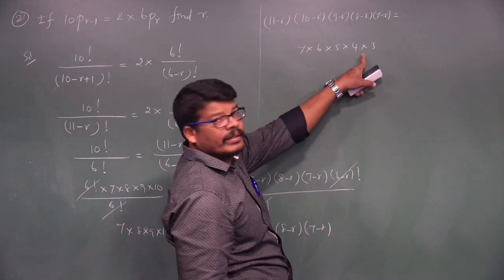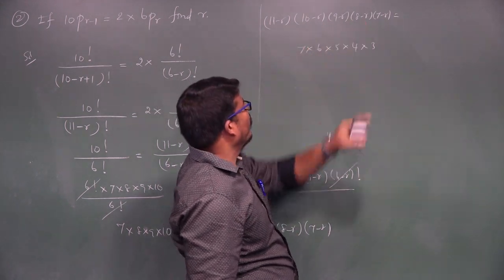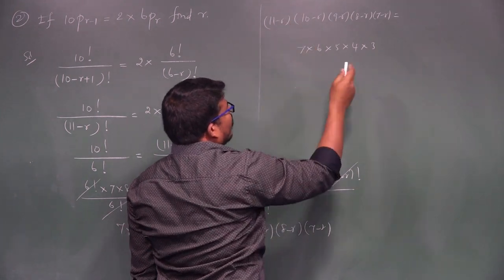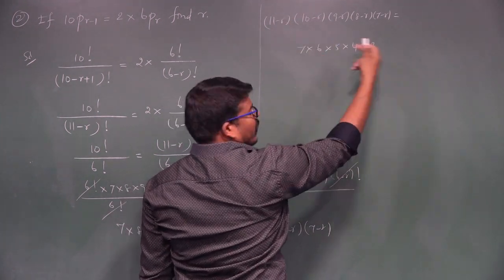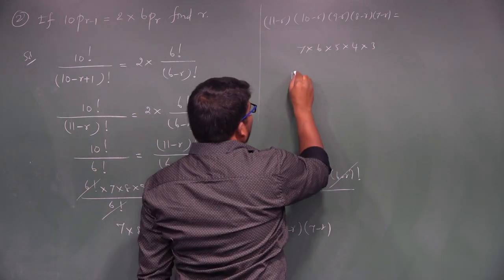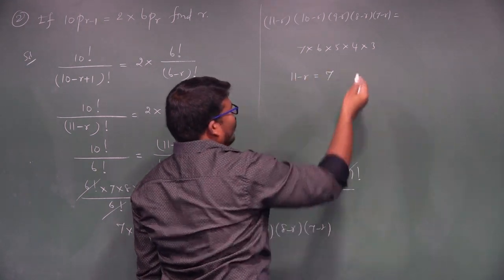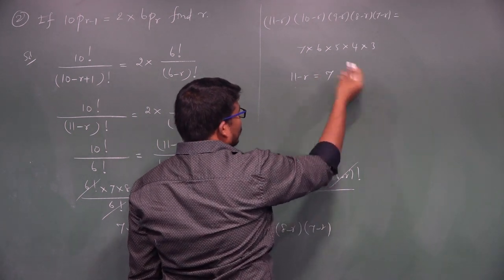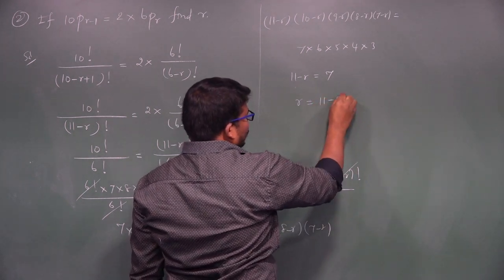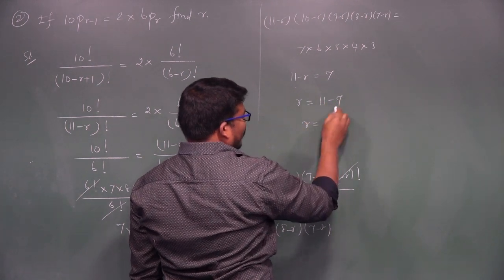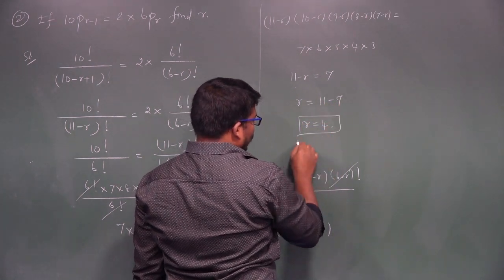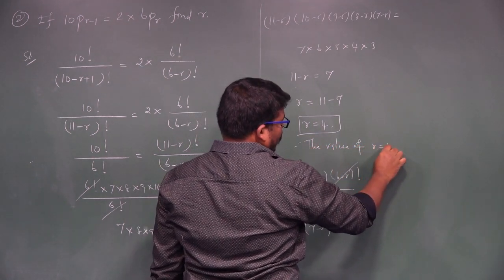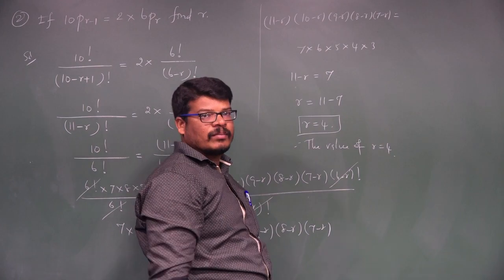Equating any one of the results, 11 minus r equal to 7, or 10 minus r equal to 6. Equating any one, 11 minus r equal to 7. Then r equal to 11 minus 7, which is 4. So the value of r equal to 4.